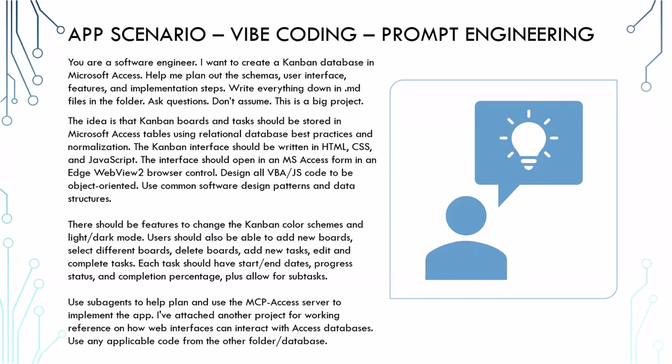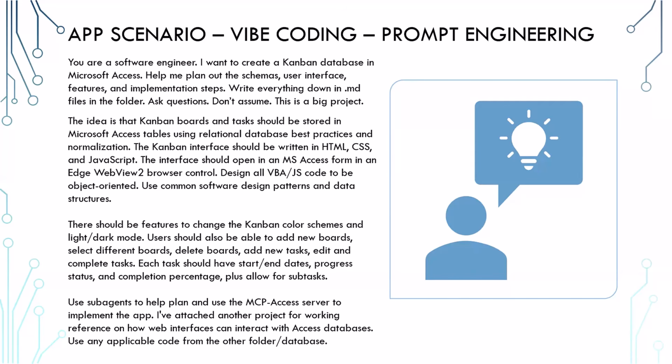There should be features to change the Kanban board color scheme, light and dark mode. Users should be able to add new boards, select different boards, delete boards, add new tasks, edit, complete tasks. Each task should have a start and end date, projects, progress status, completion percentage, allow for subtasks.